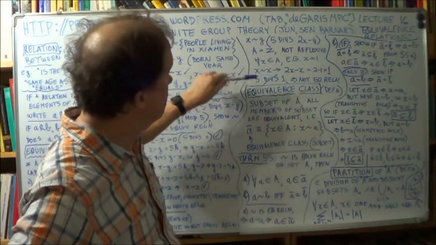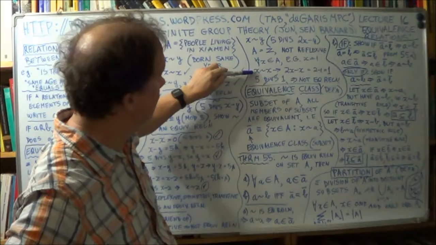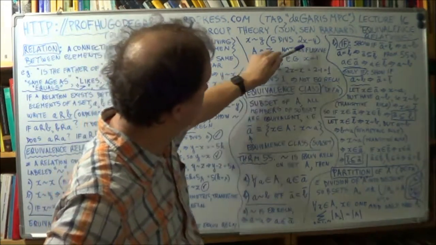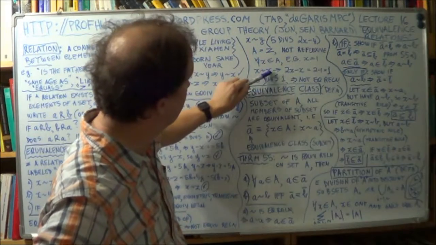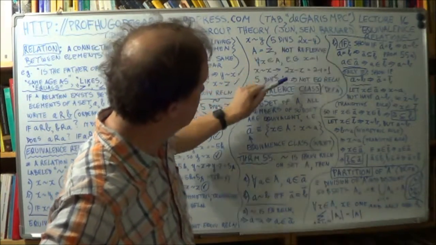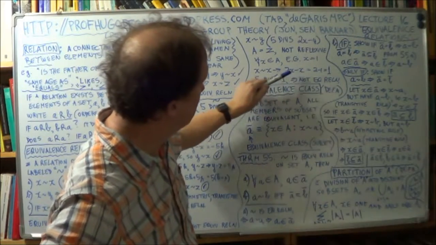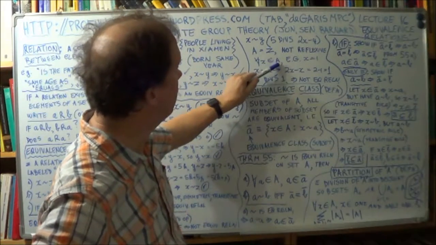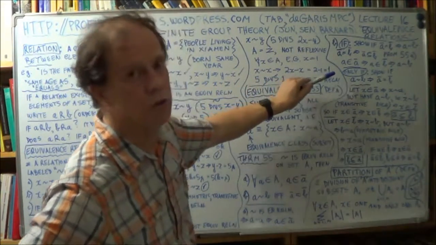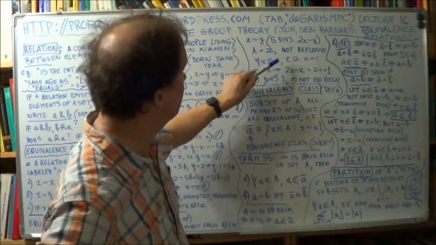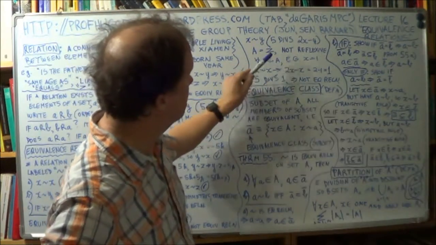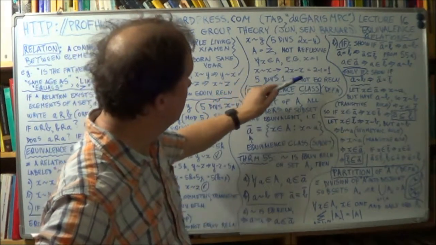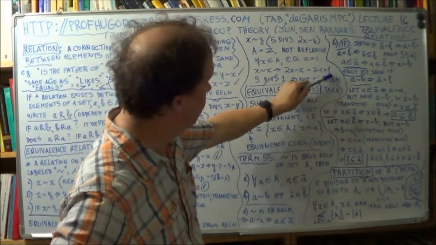Well, let's test. Is it reflexive? So is it true that x tilde x? Now, if that's true, your y is now x, so you would have 2x minus x. x can be any member of your integers, so it has to be true for all members of your set A, in other words, set Z. So let's take the number 1 from this set, and 2x minus x is just 1.